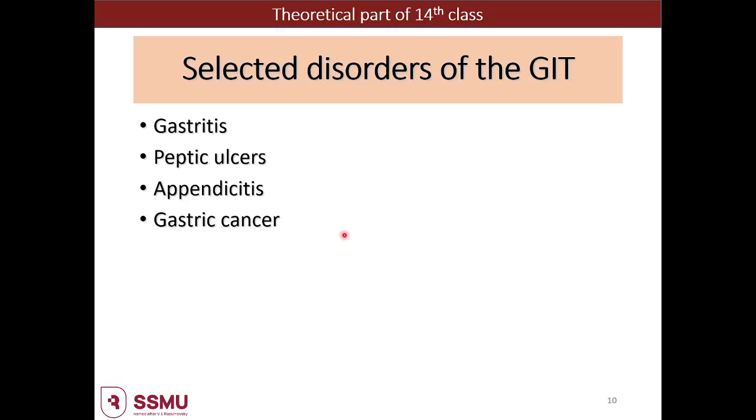In the stomach, we may see gastritis, peptic ulcers, gastric cancer, and today we will discuss appendicitis. But it's not in the gastric section, as you know, it's just my mistake in the presentation.